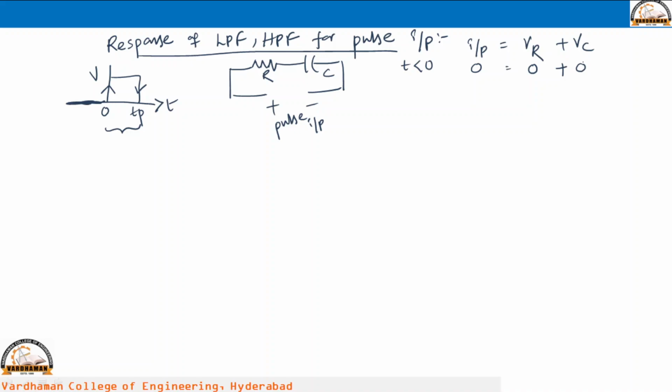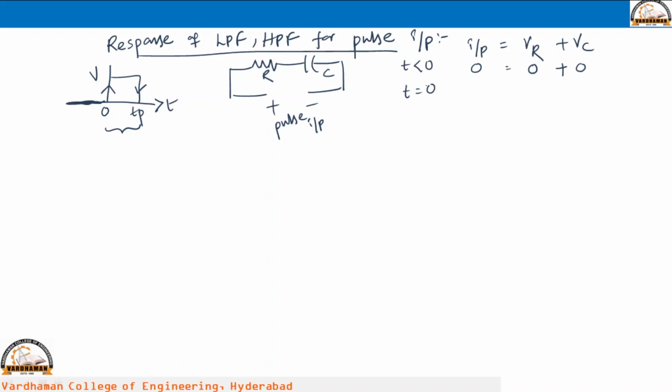We have to satisfy KVL at any time, whether t is less than 0, equal to 0, or greater than 0; at each and every time instant the circuit must satisfy the KVL equation. So, supply voltage is equal to the sum of the voltage drops: input voltage 0, resistor voltage 0, capacitor voltage 0, 0 equals 0 plus 0.